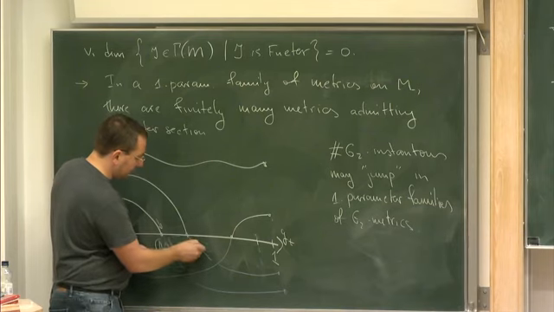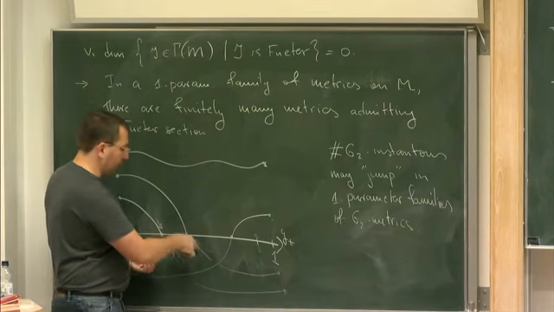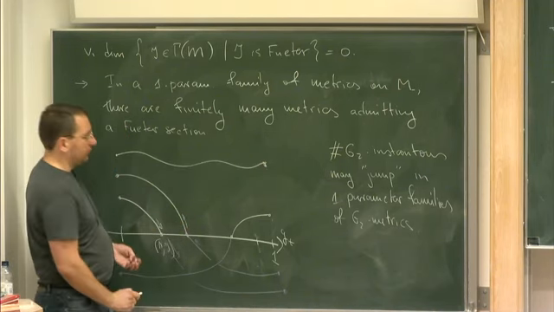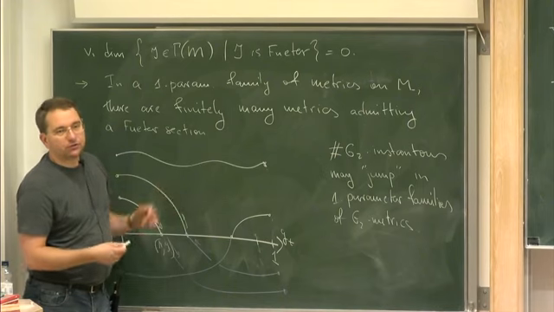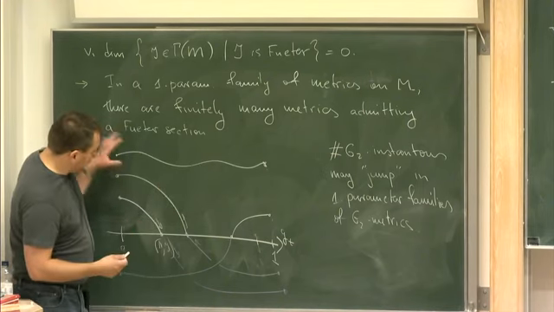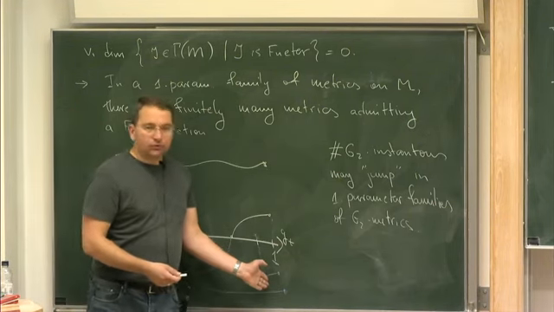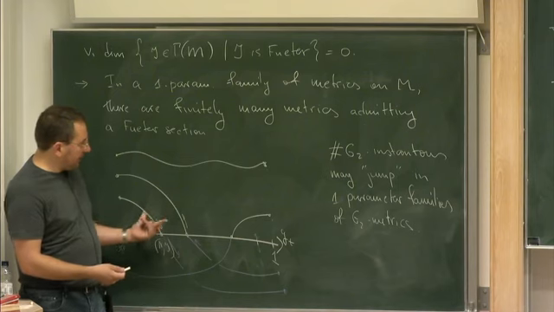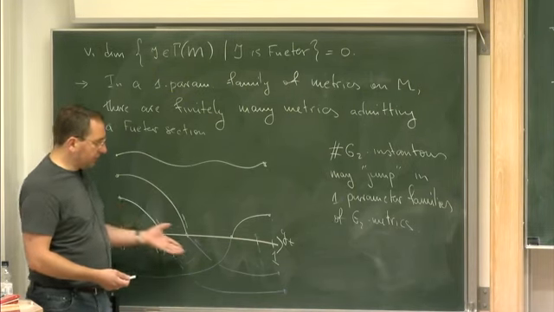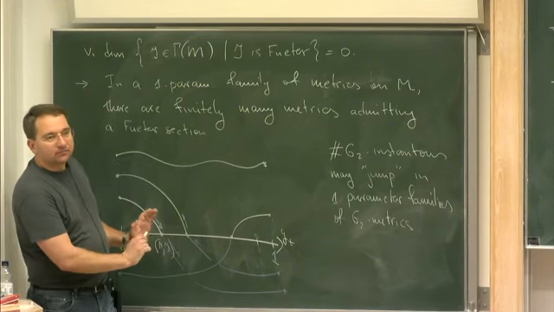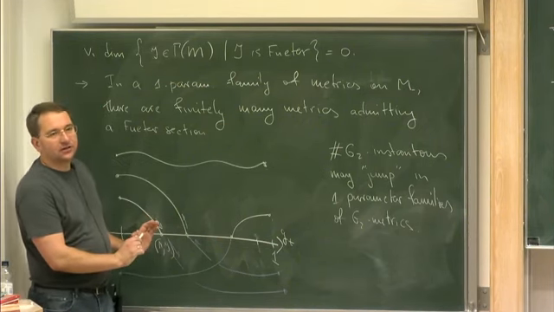You may have a Seiberg-Witten monopole which converges to a Fueter section. This may then go into a G2 instanton. And if you do this, conjecturally, if you started with 4 points, you ended with 4 points. But here, the points change from G2 instantons to Seiberg-Witten monopoles. So all this is conjectural.